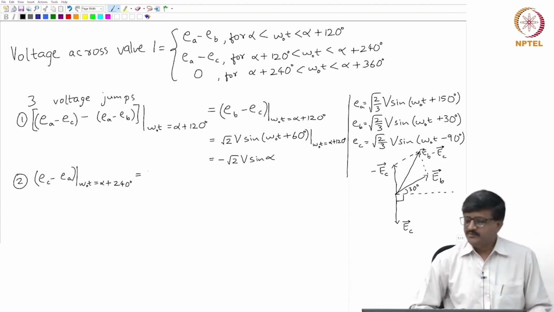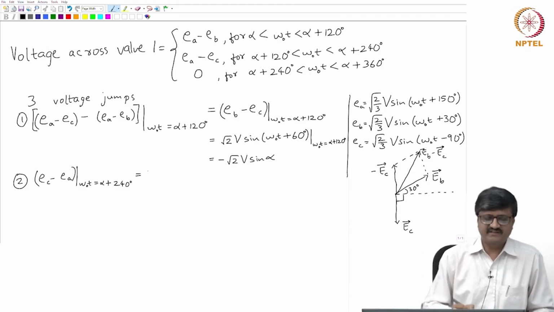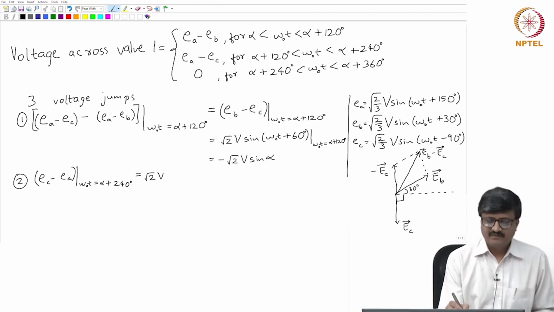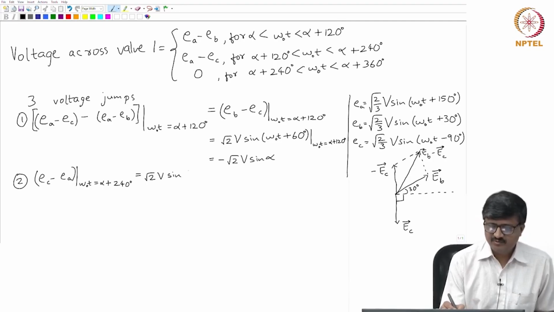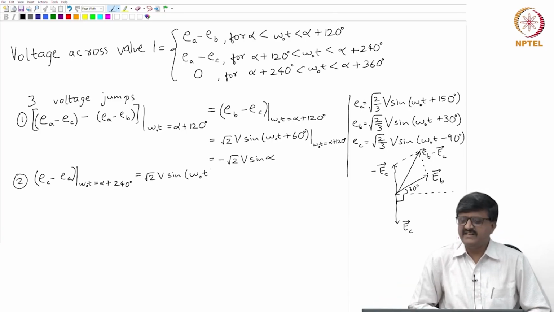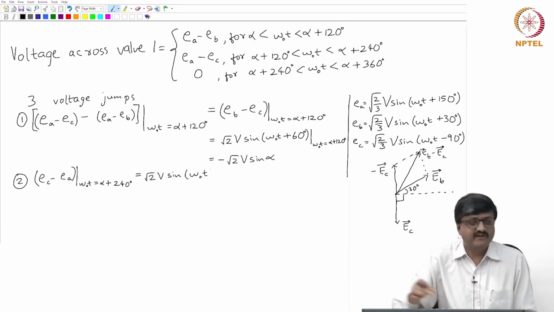So, should I draw again the phasor diagram to find the expression? I know the expression for instantaneous EC, I know the expression for instantaneous EA. So, EC minus EA will have a peak value root 2 V, and the expression is root 2 V sin omega OT plus a phase angle I should add. So, EC is having a phase angle of minus 90, EA is having a phase angle of 150.